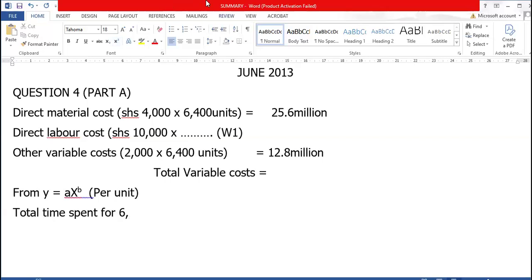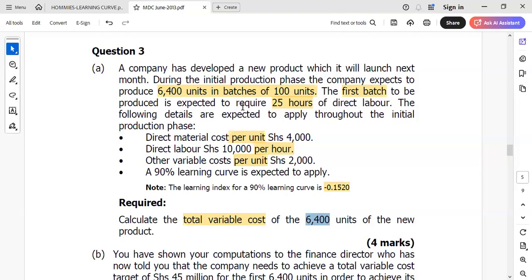but now, colleagues, let me also see it. As you get that time, always look at A. A is in terms of what? Is it based on units or batches? The first batch to be produced is expected to require 25 hours.